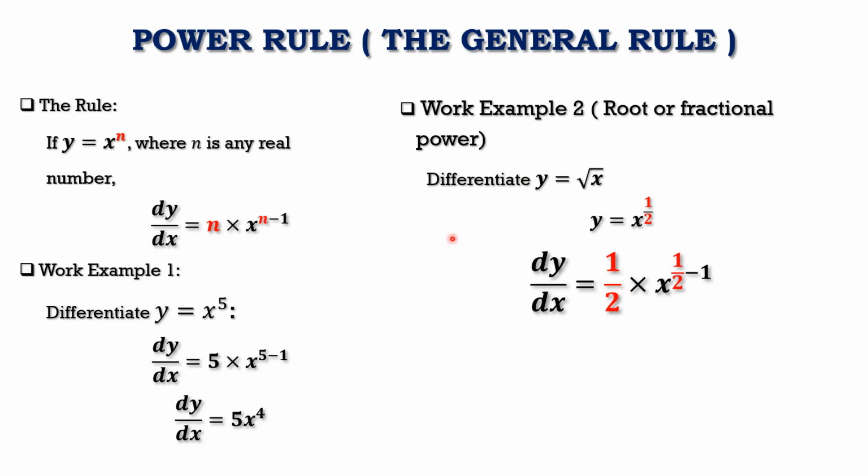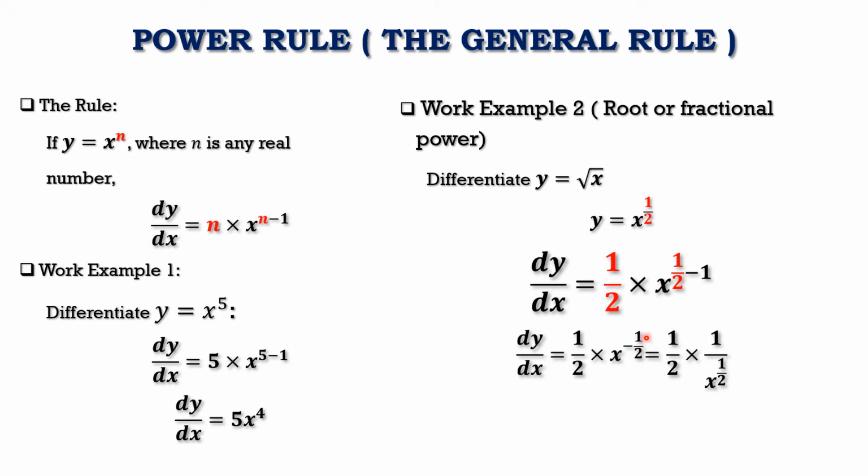So if I want to differentiate, it will be dy over dx equal to the power multiplying the expression, that's 1 over 2 times x raised to the power 1 over 2 minus 1. At the end, we are going to end up with dy over dx equal to 1 over 2 times x raised to the power negative 1 over 2, because when you subtract 1 from 1 over 2, your result will be negative 1 over 2.